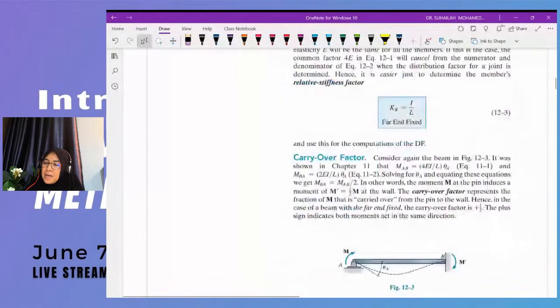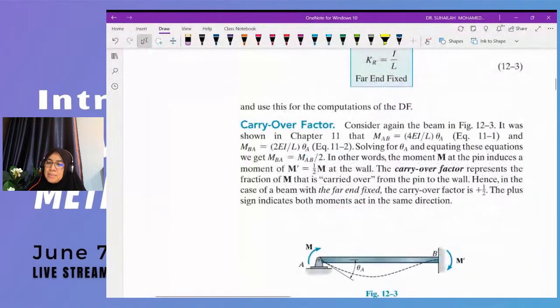After that, you have to understand what we call the carryover factor. For the carryover factor, we do not calculate the value, unlike the distribution factor, but we use the value in order to balance the moment.